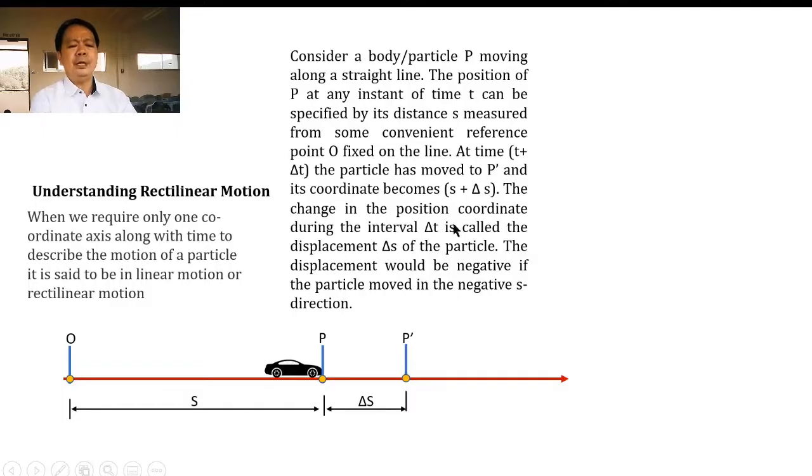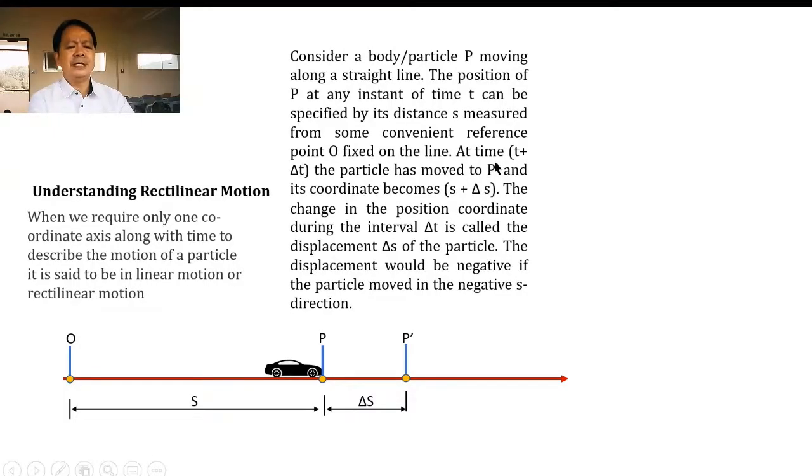Okay? Now at a time t plus delta t, what this means is that there was already an elapsed time. There was a change in time. For example, earlier it was 30 minutes, and then we add 3 seconds. That means the elapsed time is 3 seconds. Okay?